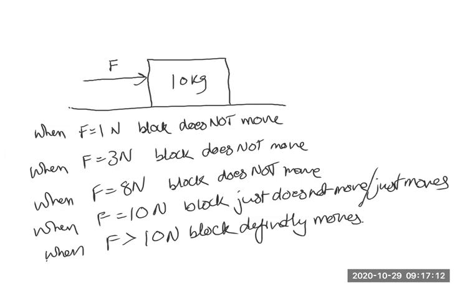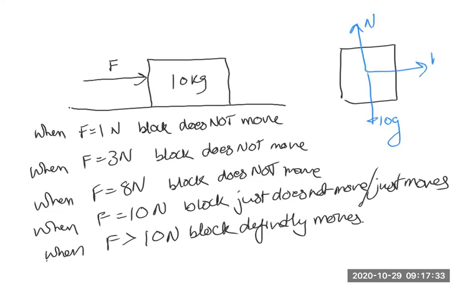What is happening? What is happening? So let me draw a free body diagram of the 10 kg block. And let me draw the forces. So we have 10g acting downwards. We have a normal reaction acting here. And we have F here. Remember that these are the interacting surfaces.